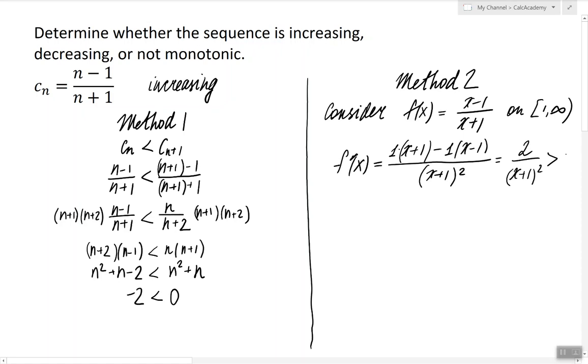And this expression is always positive for all x values greater than 1. So it's always positive. Therefore, the function is increasing. And if the function is increasing, the sequence that resides on this function must also be increasing. So here I presented two different ways to show that a given sequence is increasing.